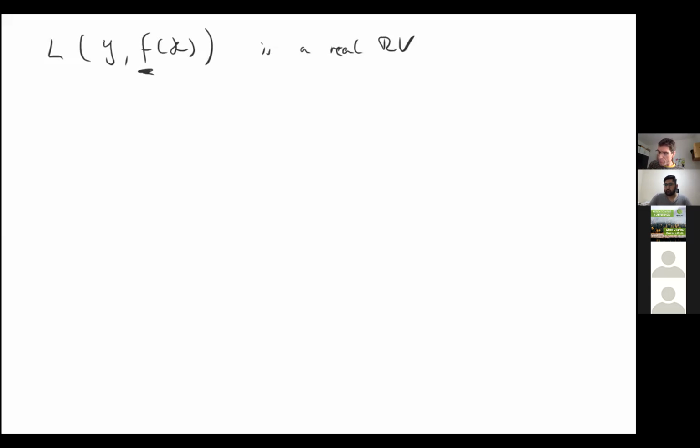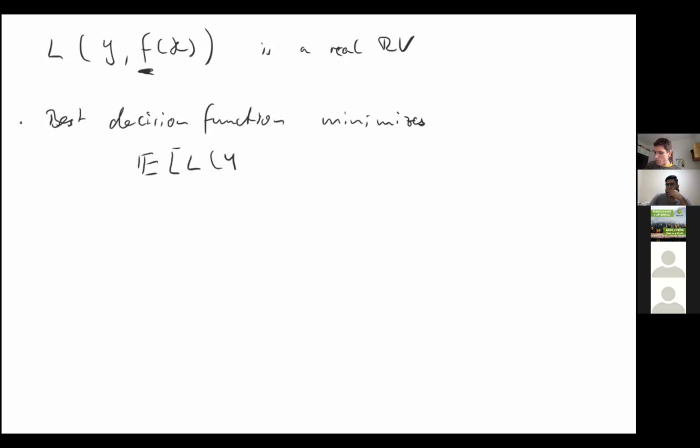One thing is that the best decision function was one that minimizes the expectation value of this random variable. This is called the expected loss.